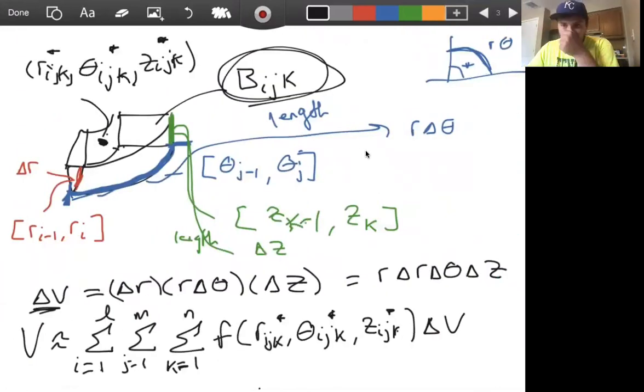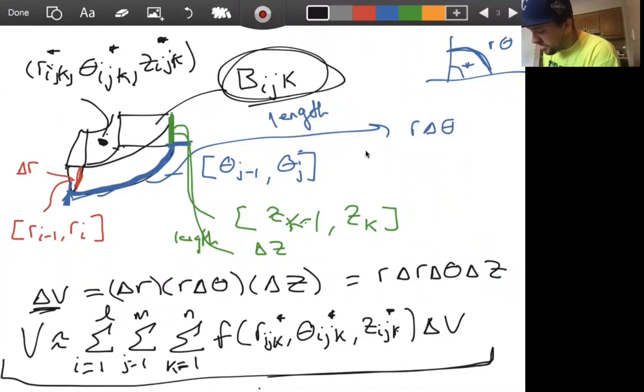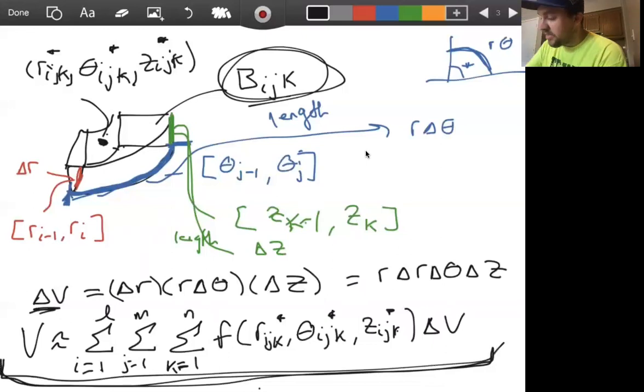And as we've seen before, you can pass from approximation to an exact value by taking the limit here.